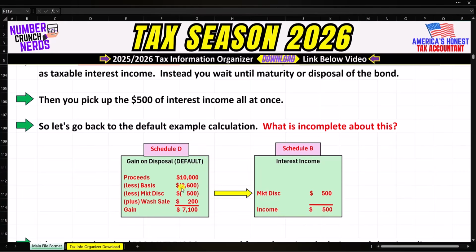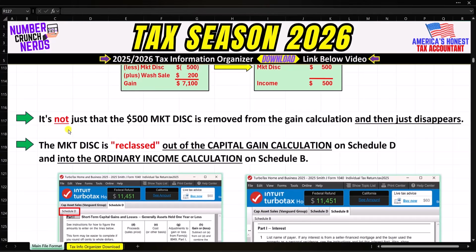The answer is that we did not take into account where this $500 that we backed out of the capital gain calculation ended up going, and the place it ended up going was onto Schedule B for interest income. This is where I would expect to see your interest income, in this case $500, picked up at the end of that bond term. So it's not just that the $500 market discount is removed from the gain calculation and then just disappears.